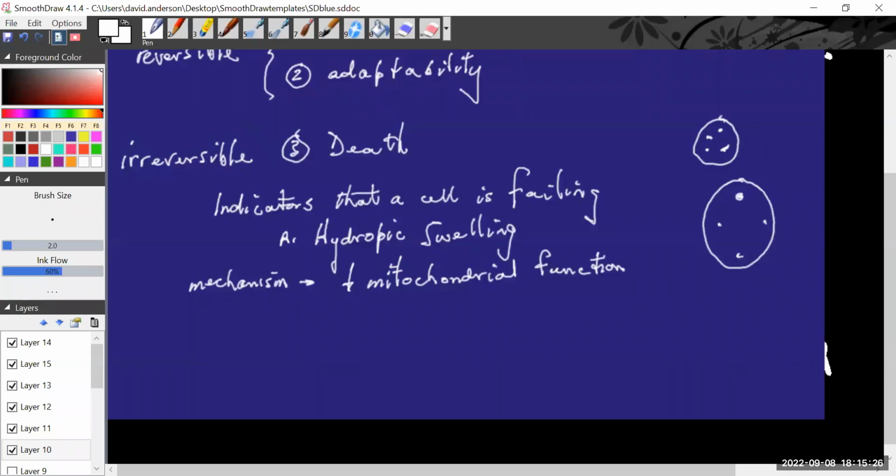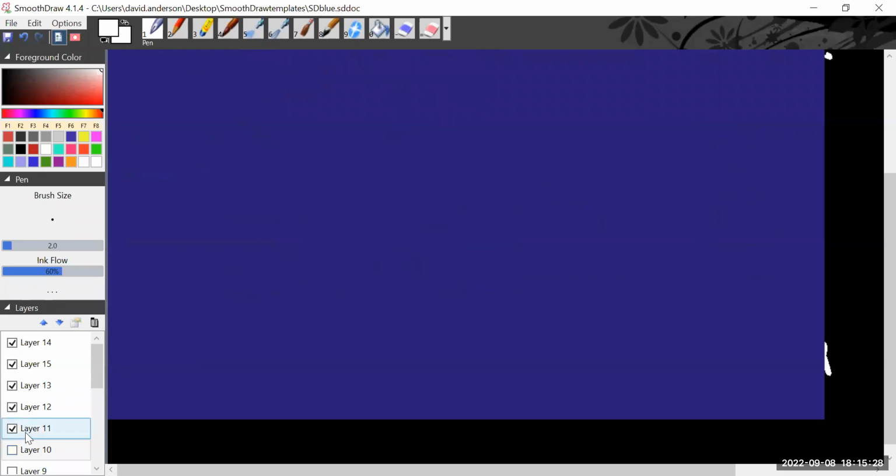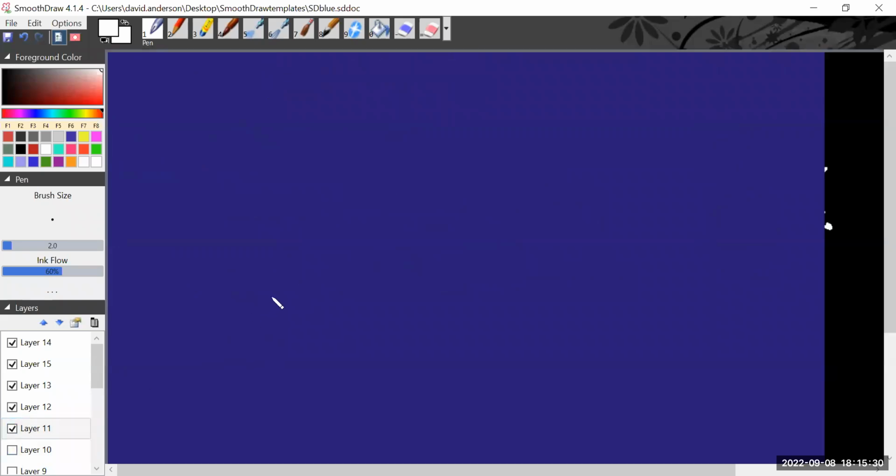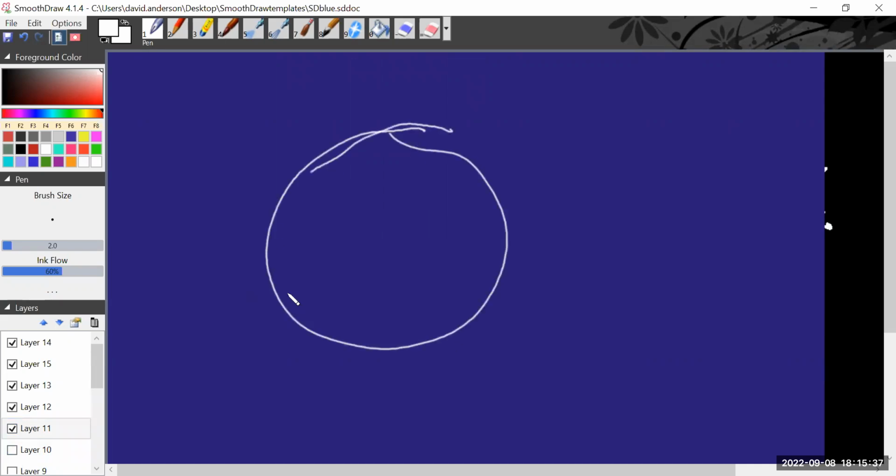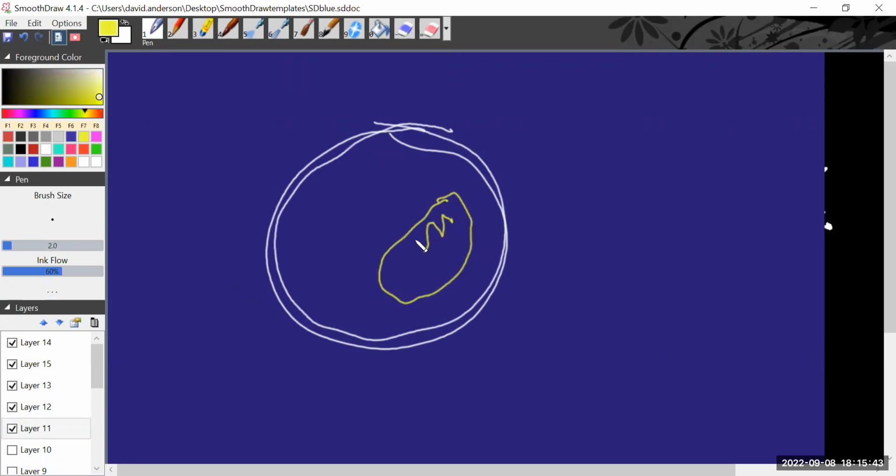Okay, we need to take a little break here, and we need to look at the way a cell works. Here's our powerhouse, mitochondria.